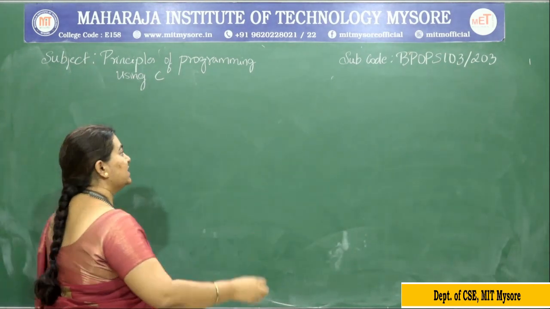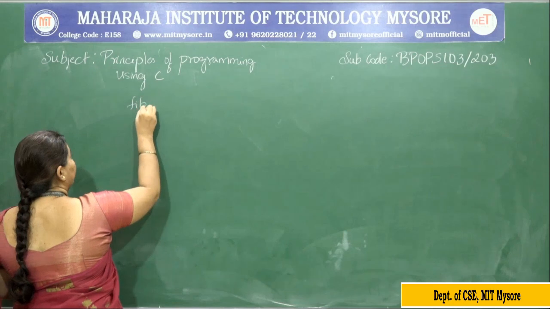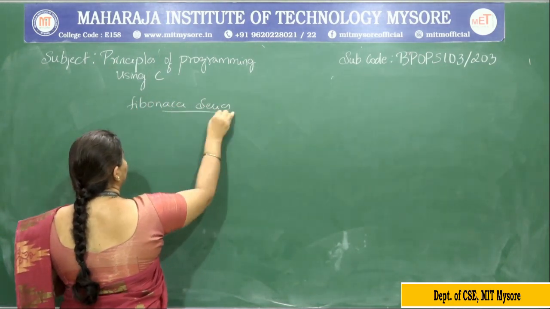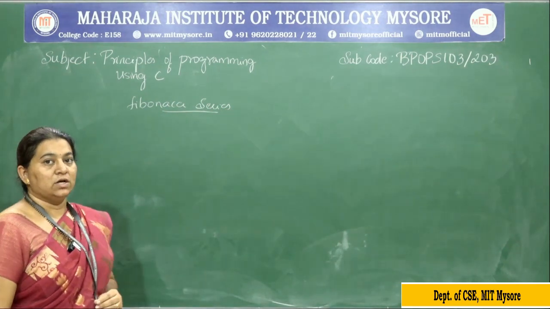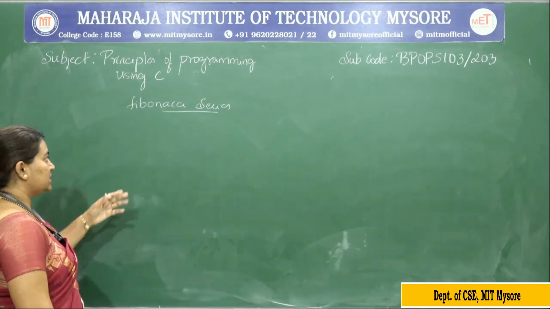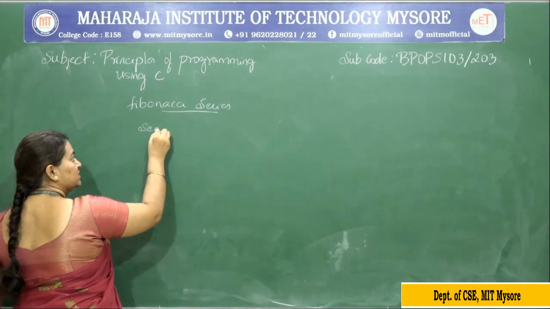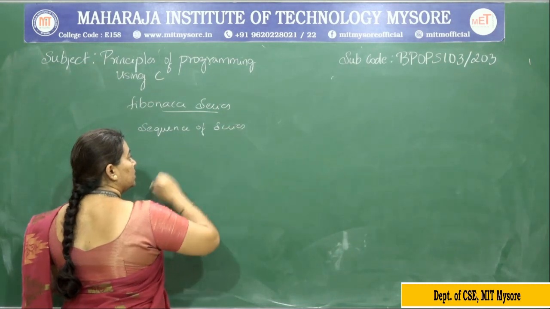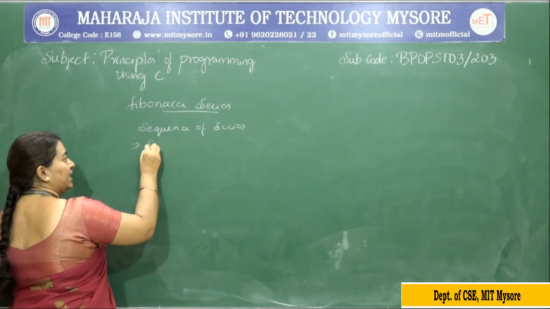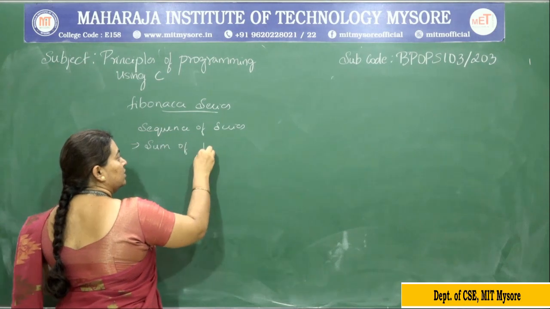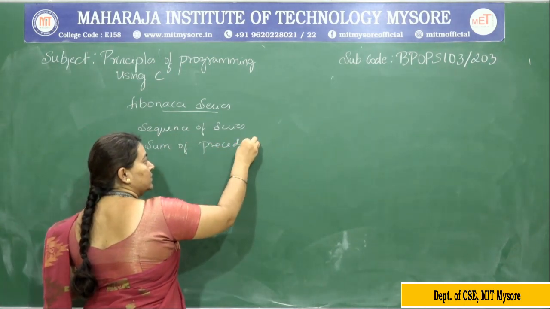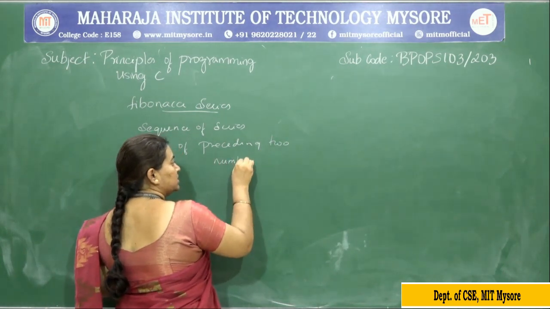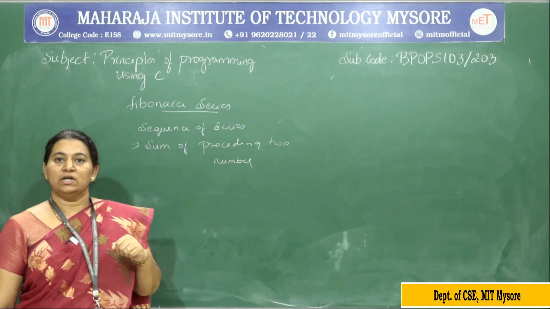So I'll take one more example, that is the Fibonacci series. What is the Fibonacci series? It is nothing but a sequence of series where we obtain it by sum of preceding two numbers.